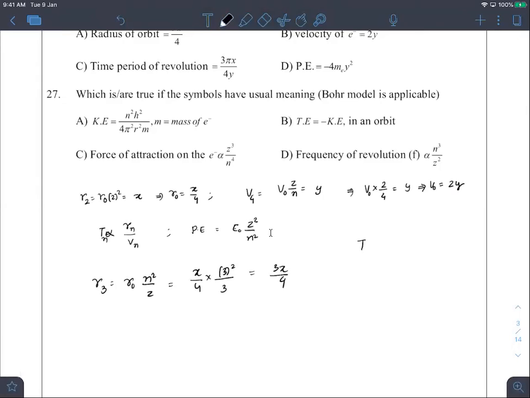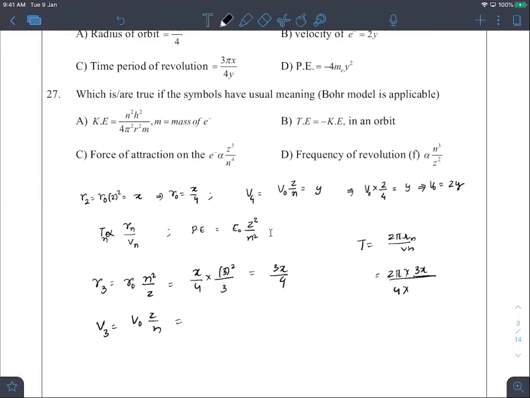So time period will be 2 pi r divided by V. Correct. So 2 pi into r we just got as 3x by 4, and V, velocity in the third orbit, that will be V naught z by n.